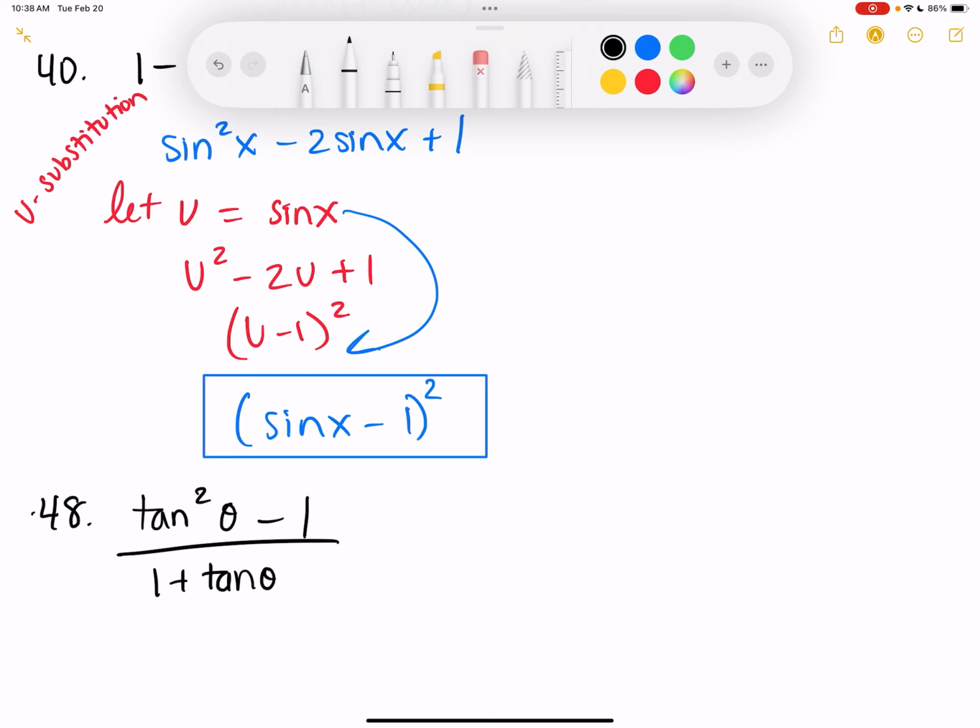Perhaps if I gave you something like x squared minus 1 over 1 plus x, what would you do? You can even disregard the bottom for right now. What would you do to the top?